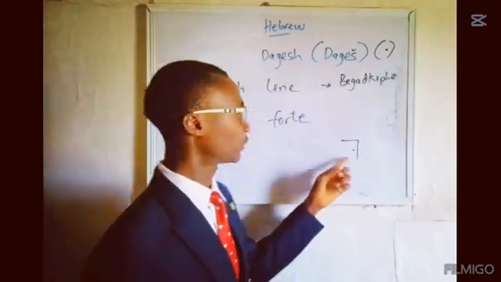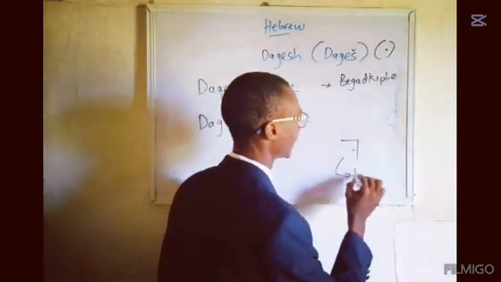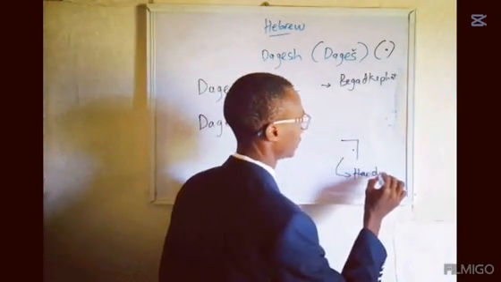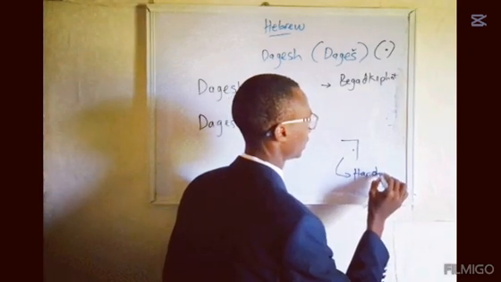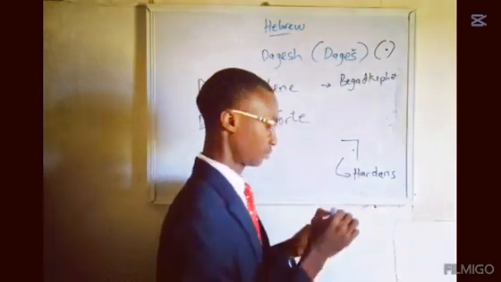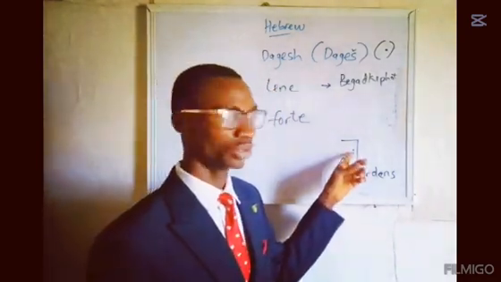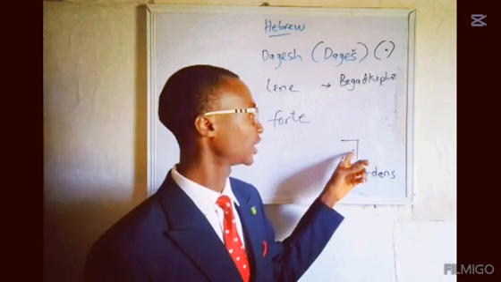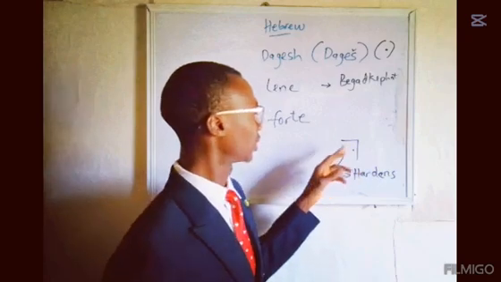So Dagesh Lene is a dot found at the bosom of the Begadkefat letters, as I've listed earlier, and it functions as adding to the pronunciation. For instance, when the dot is there and it's the Dagesh Lene, it becomes Dalet, d.